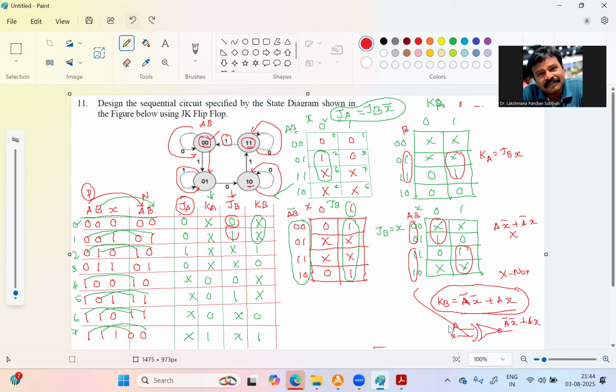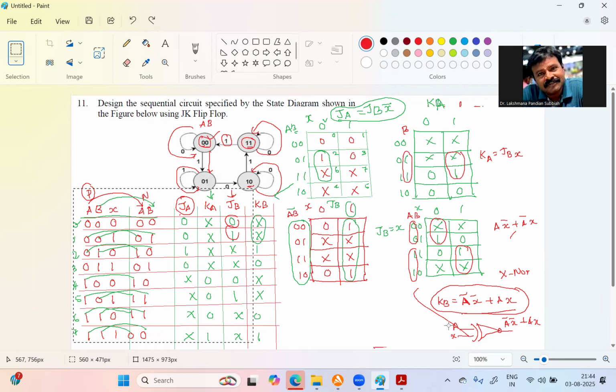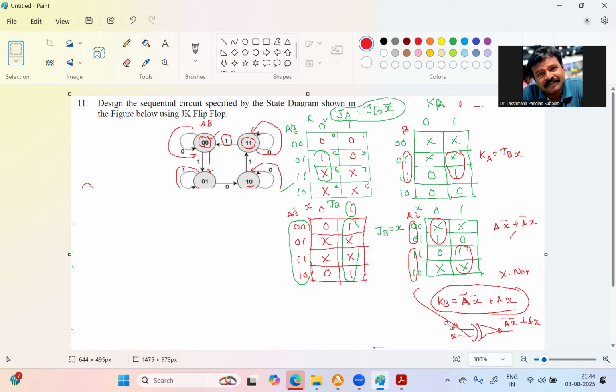Now we are going to draw the diagram, right? So here we are going to draw the diagram for this case. I'll delete this one. Okay.